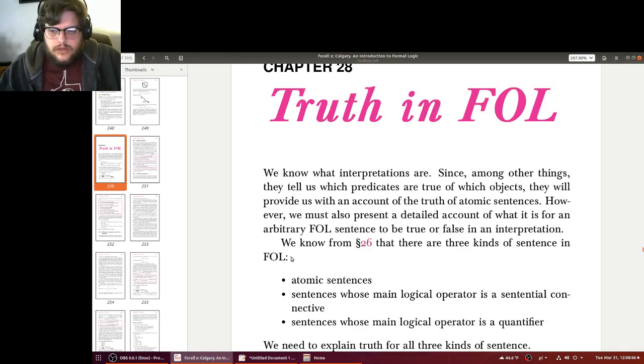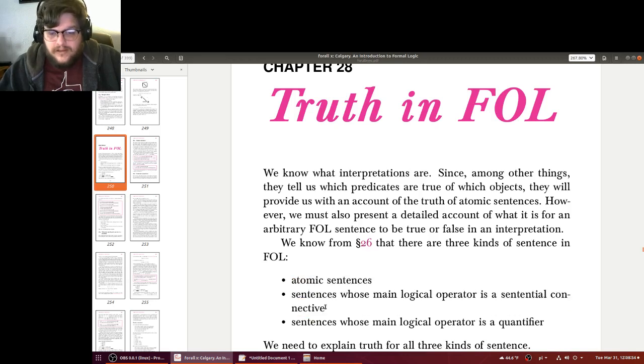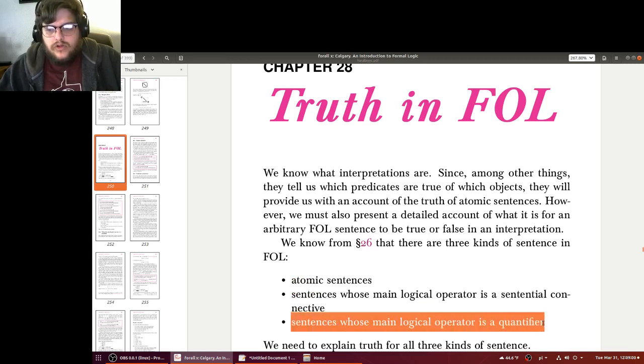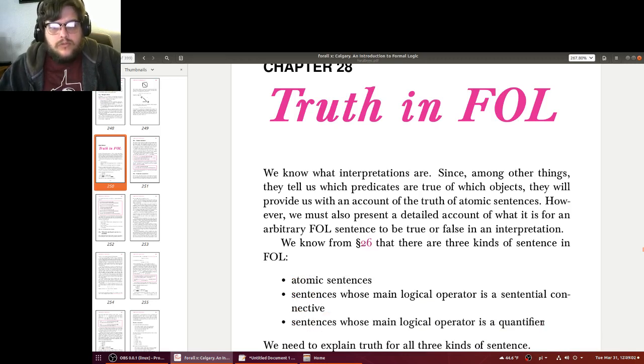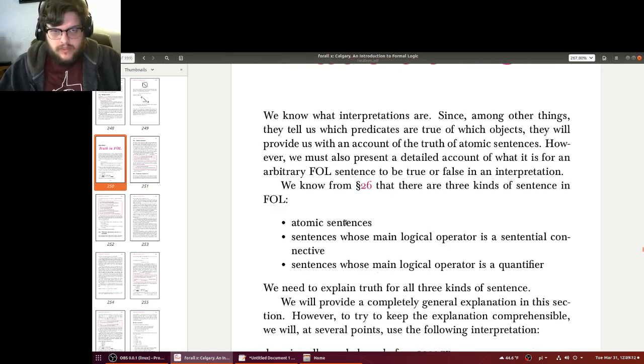From earlier we know there's three kinds of sentences in first-order logic. We have atomic sentences. We have sentences whose main logical operator is a connective, so an or, a not, an implies, a biconditional, and sentences whose main logical operator is a quantifier. So, when we were building up sentences in the previous lecture, those are the three things that could have happened, and we need to talk about how you compute truth with them.